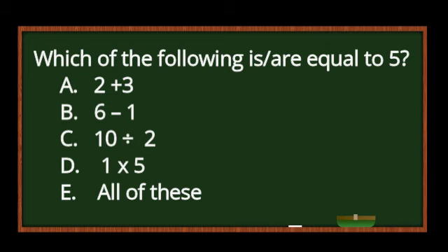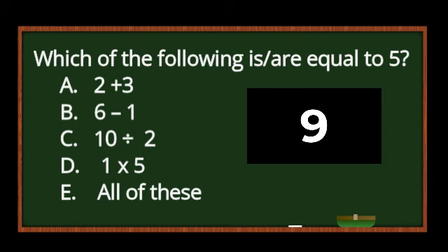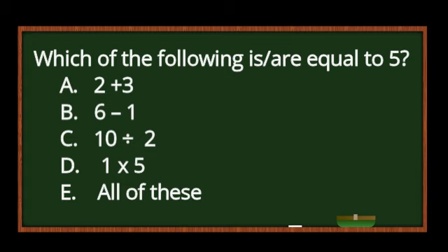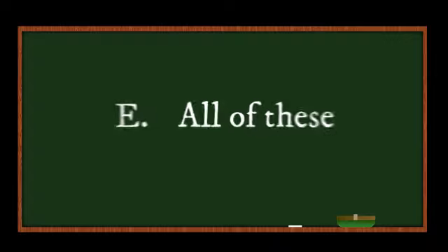Letter E, all of these. I will give you 10 seconds to answer and the time starts now. Okay, time is up. If your answer is all of these, then you got it right.